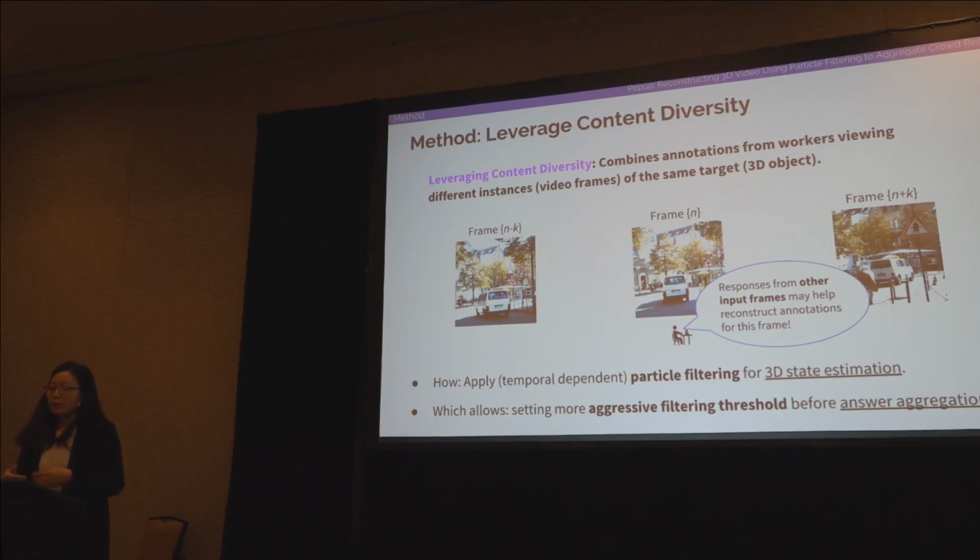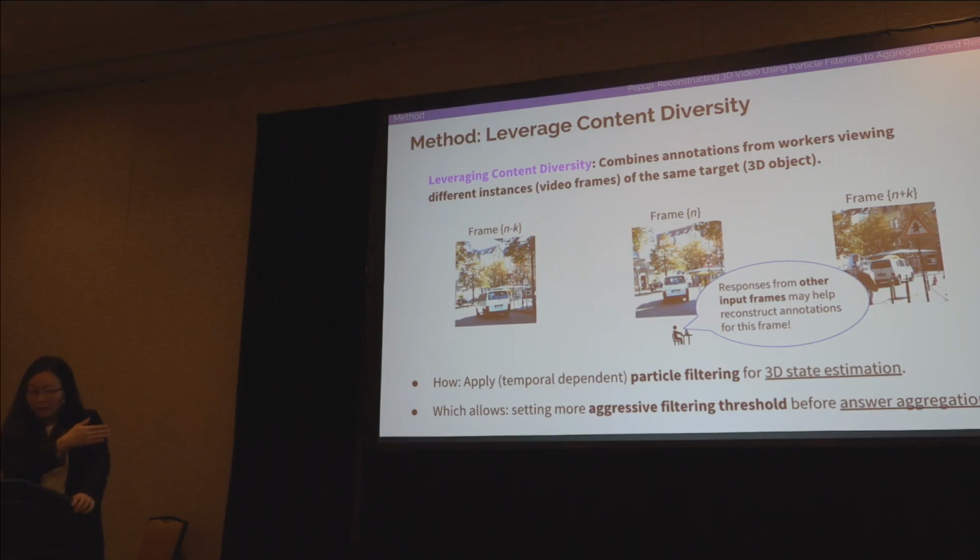To resolve this, we propose the core idea of leveraging content diversity, which means combining annotations from workers viewing different instances, in this case, different video frames of the target object. Let's say we want to annotate the dimension lines on the N frame, our current targeted frame.